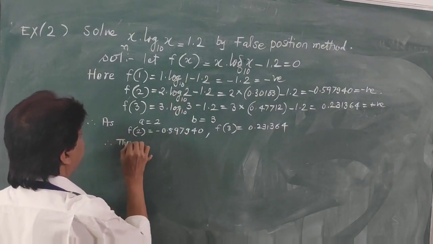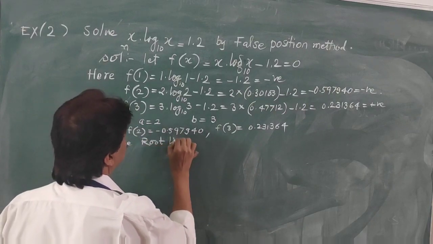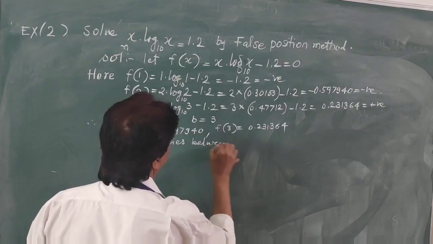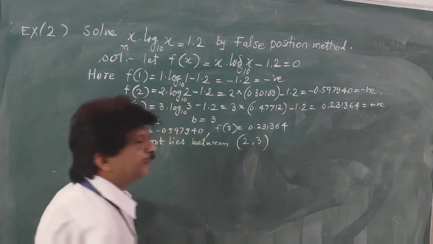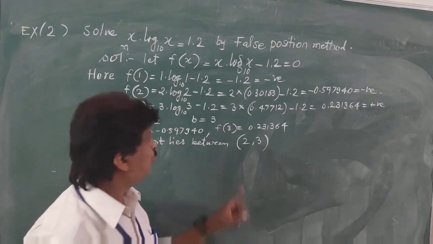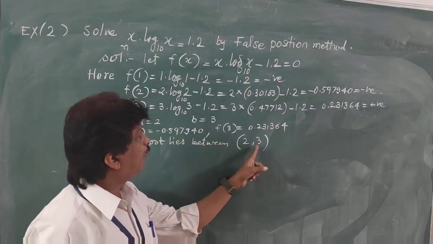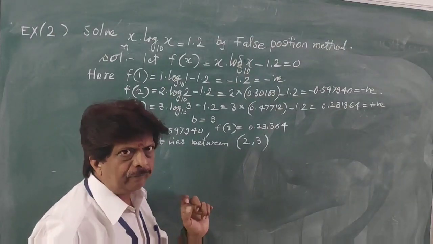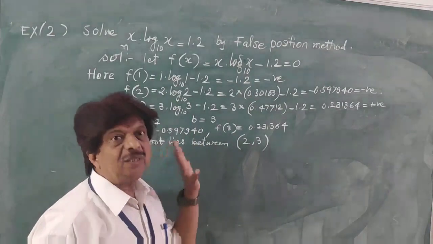Therefore, the root lies between this interval 2 and 3, because f of 2 is negative, f of 3 is positive. So, this is the first step.